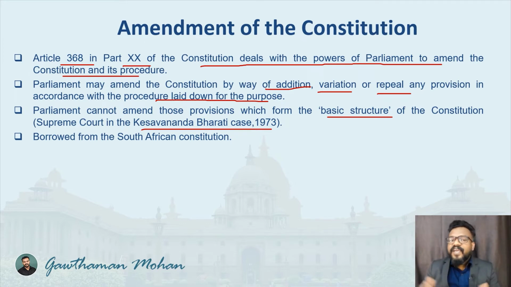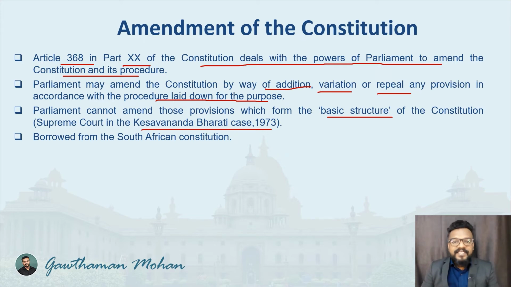So from where have we adopted this particular provision of amendment? We have adopted the provision of amendment from the South African Constitution. As we all know, we have drawn many provisions from different countries and different constitutions.